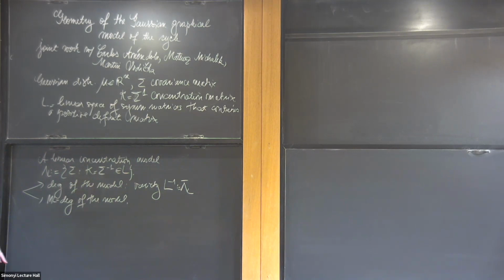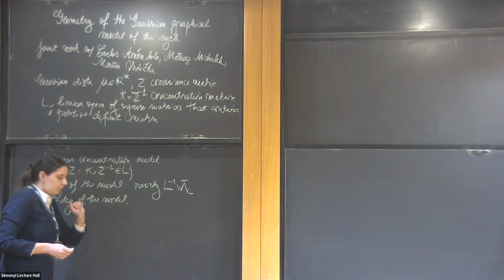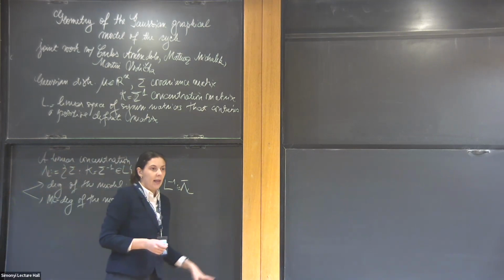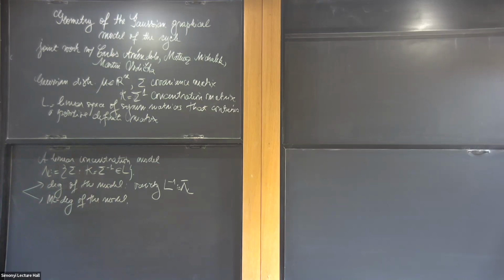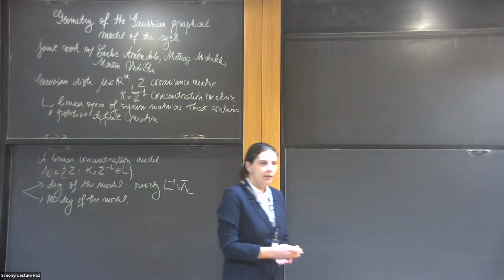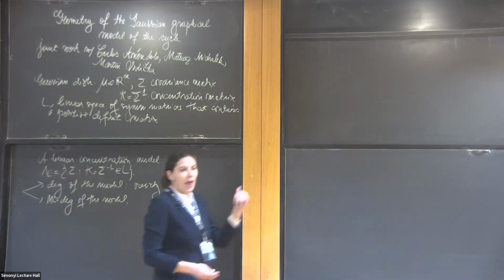This is usually done by maximizing the likelihood function, so computing the maximum likelihood estimate. And the complexity of finding the maximum likelihood estimate is measured by the maximum likelihood degree.